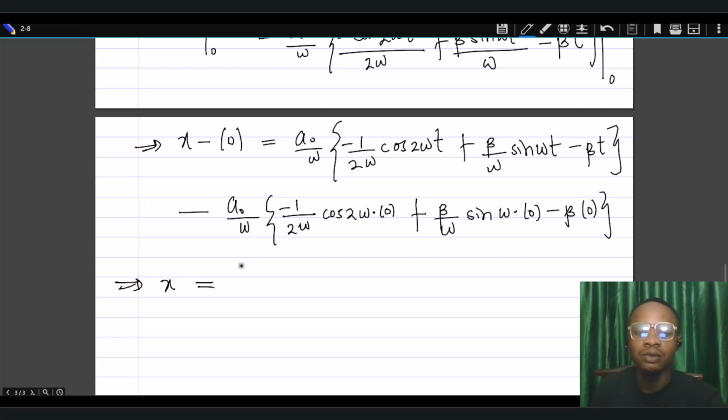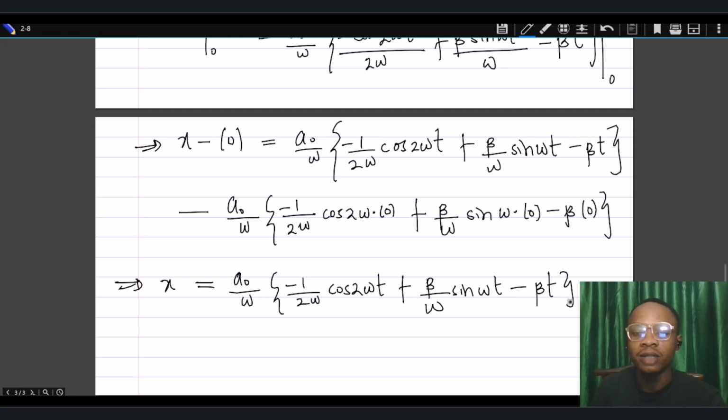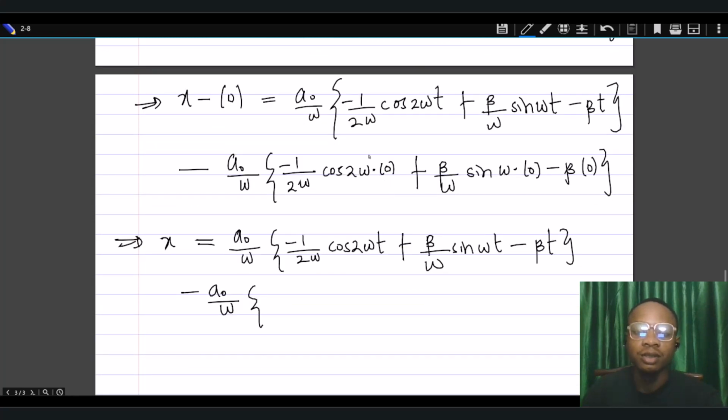This is equal to a naught over omega into minus 1 over 2 omega cos 2 omega t, then plus beta over omega sine omega t, then minus beta t, all right, then minus a naught over omega into, so this is cos 2 omega.